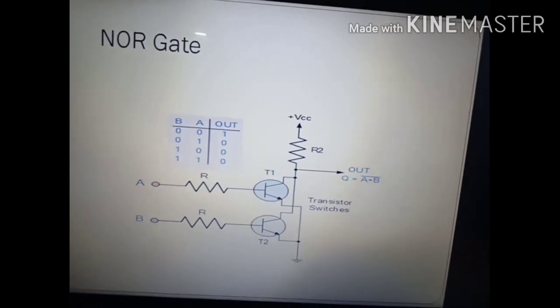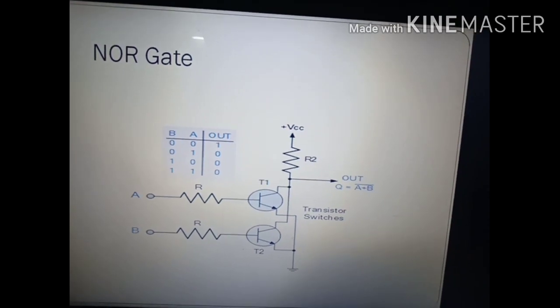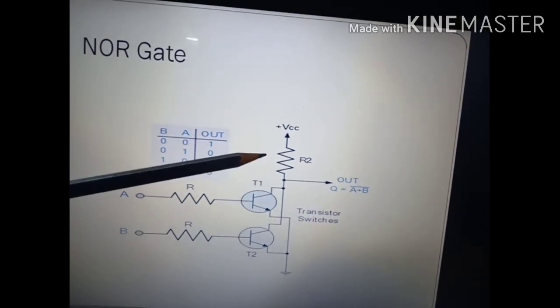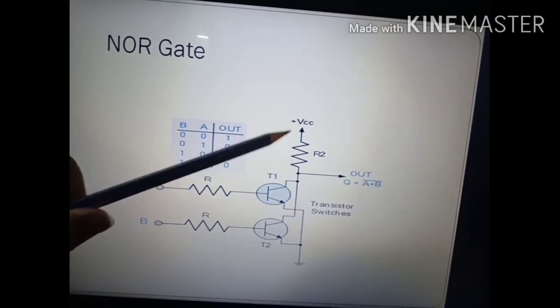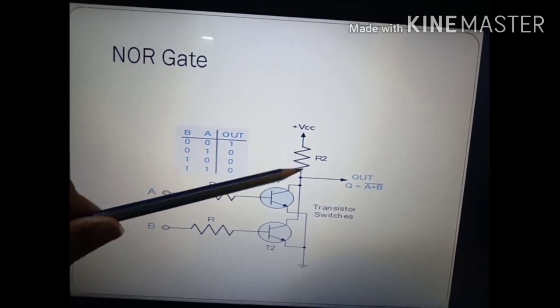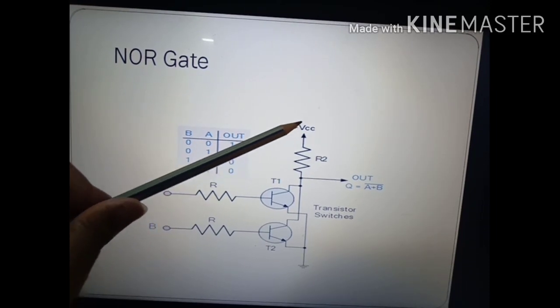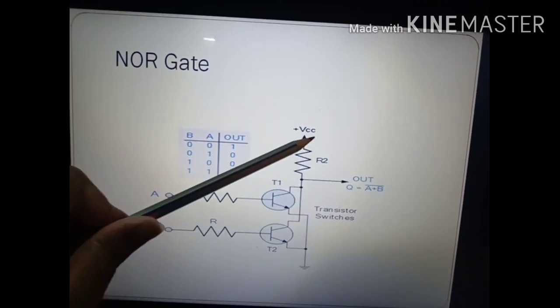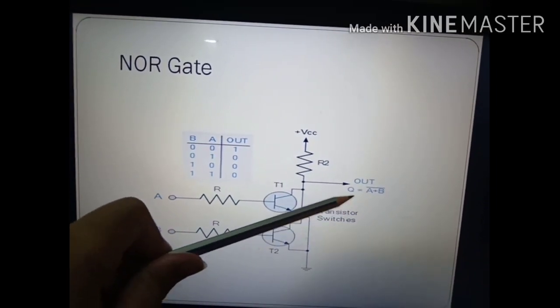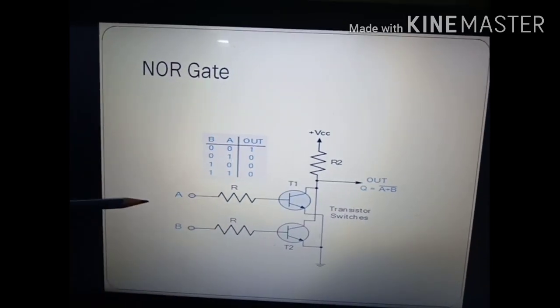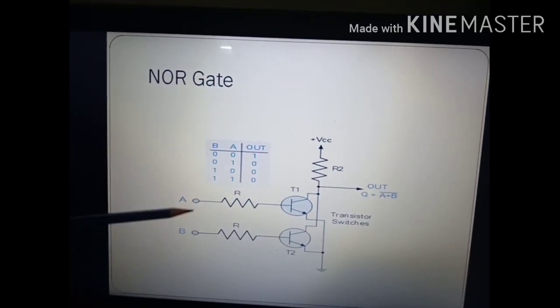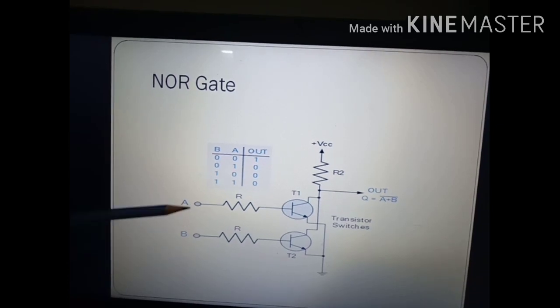V equals to IR, so V equals to 0 obviously. So the voltage difference between this point and this point will remain same. So VCC will reflect here. So we can get a higher output due to both lower inputs.